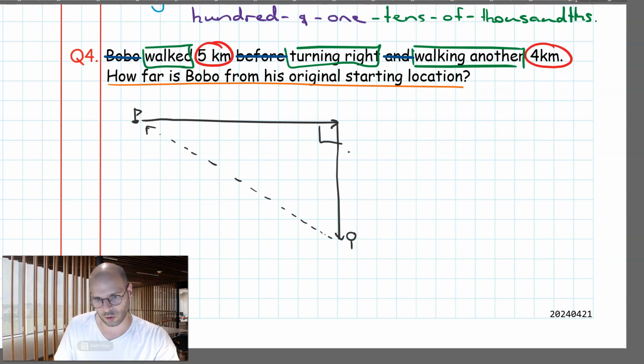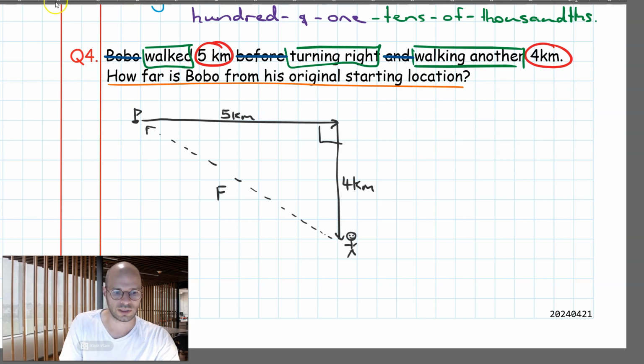So this is Bobo. Okay, putting the numbers on here. He walked 5 kilometers. He then walked 4 kilometers. How far is he from his starting location? That's represented by this line over here. So we're going to call this F, because why not?